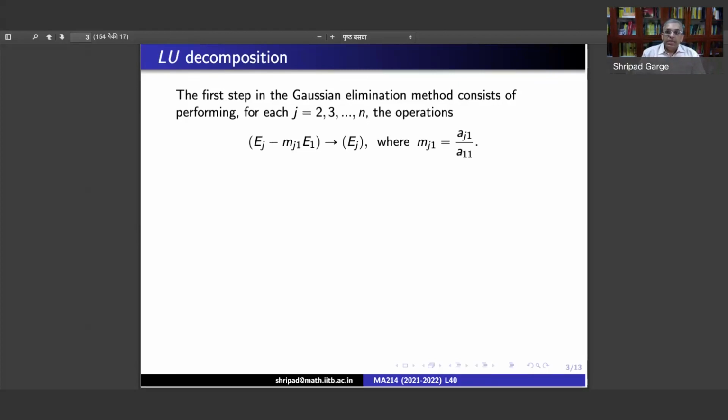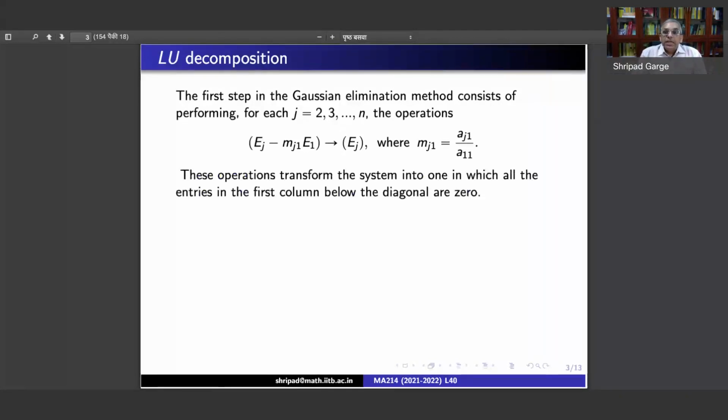And what is m_j1? It is a_j1 upon a_11. These are the multipliers. Now these operations will transform the system into one in which all the entries in the first column below the diagonal are 0, because x1 has been eliminated from e_2, e_3, up to e_n. So the first column will be 0.